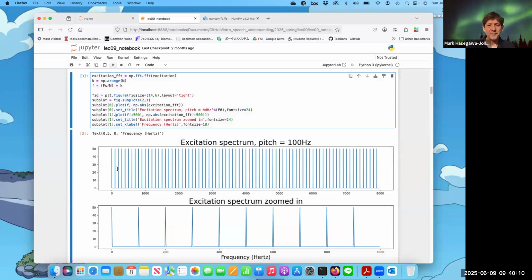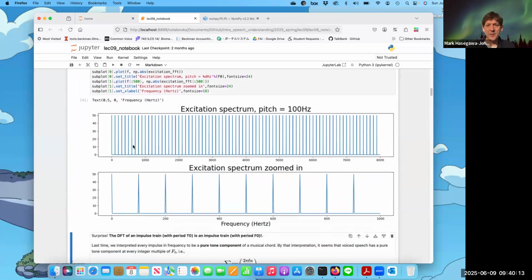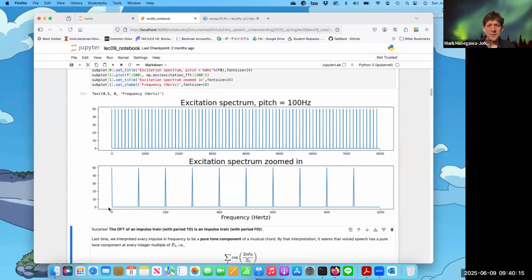So if I plot that, I get again, here's the total spectrum, and then here's the spectrum zoomed into the lowest 1,000 hertz. And in that lowest 1,000 hertz, the lowest 500 samples, you can see that there's a large amplitude at 0 hertz, and again, a large amplitude at 100 hertz, and at 200, and at 300, and at 400, and at every multiple of 100 hertz.